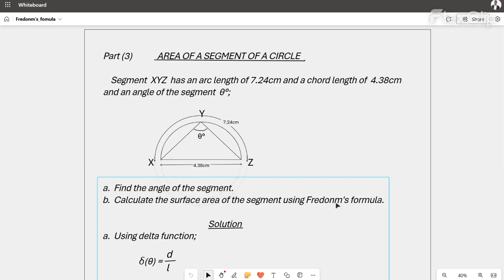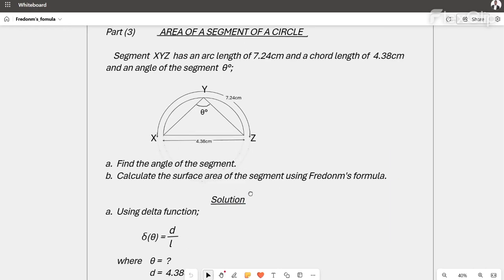In case you are hearing this for the first time, don't worry. By the end of this video, you will see the formula and you will see how the formula works in action. So let's solve this problem together.